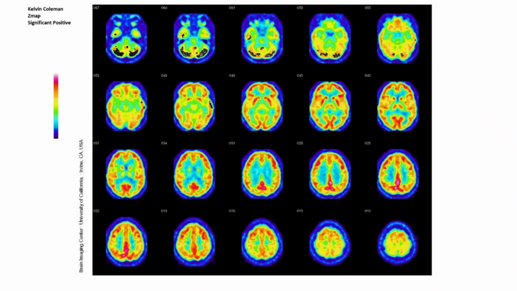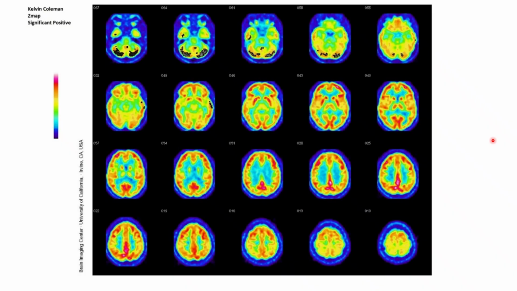In this one, they have increased metabolic rate in the cerebellum, and that is indicated by the gray and black areas down here. You can't see my pointer, but down here in the gray and black areas in the cerebellum, the quantitative analysis software has highlighted those areas as abnormally hypermetabolizing.